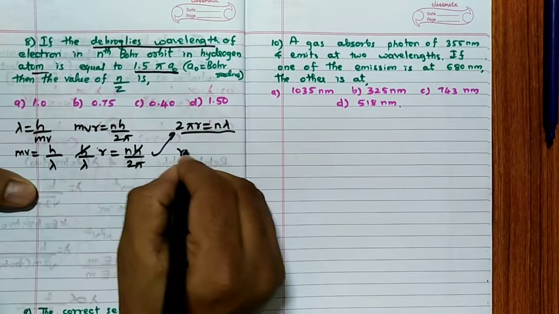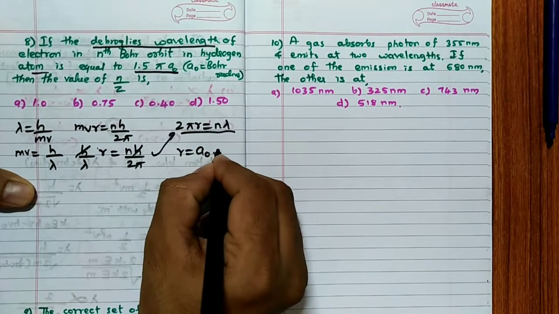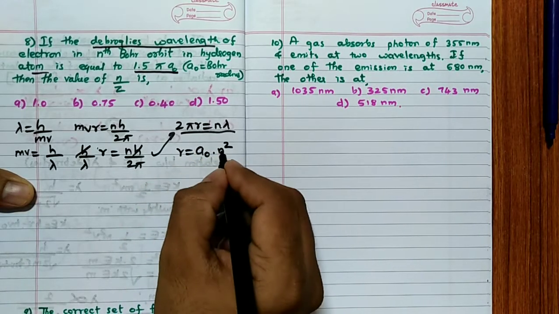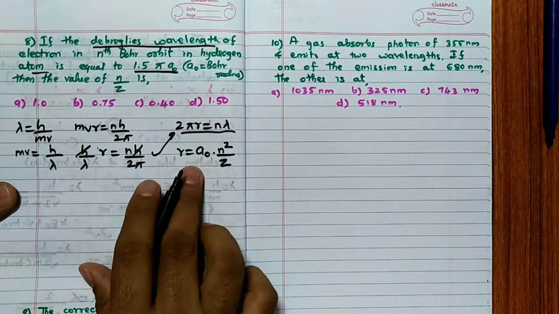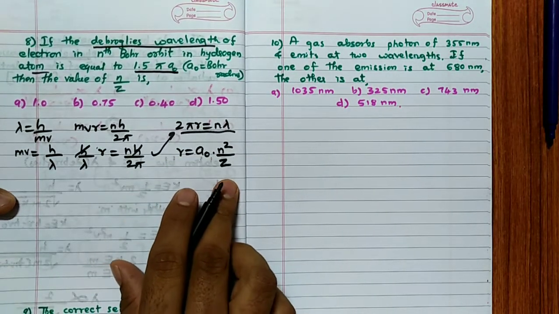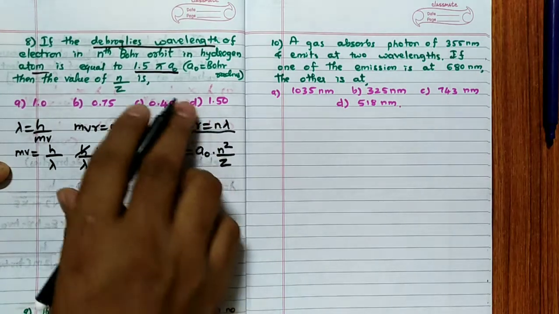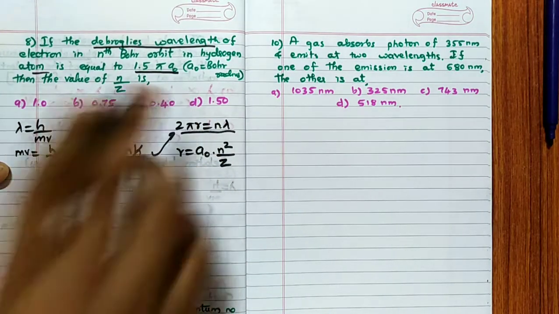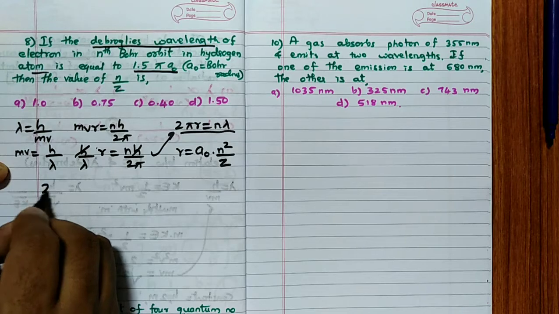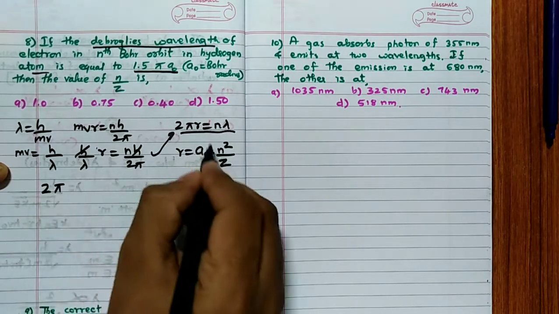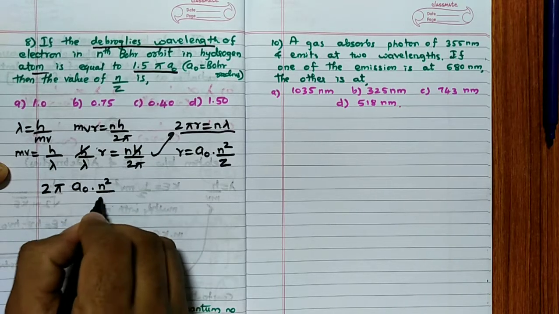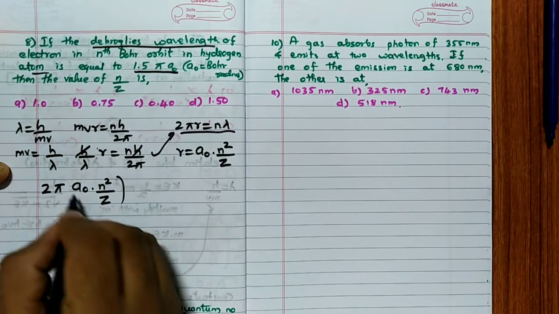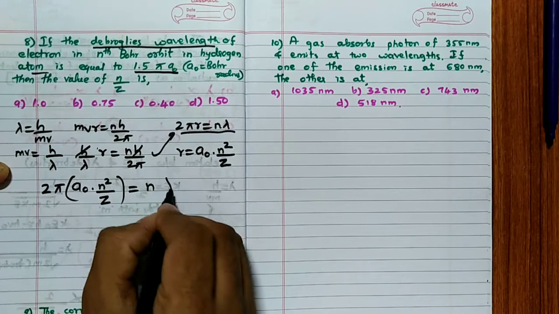Now remember the formula: r is equal to a naught into n square divided by z. Correct? a naught into n square divided by z you got, right? This you substitute in this particular equation, so that we are going to get 2 pi into a naught into n square divided by z is equal to n into lambda.